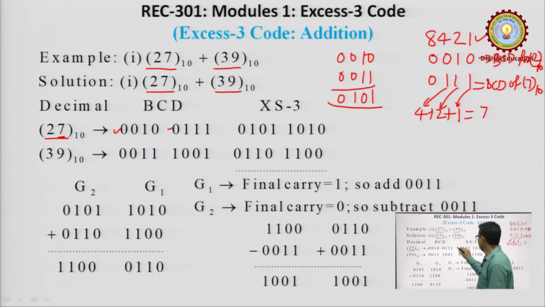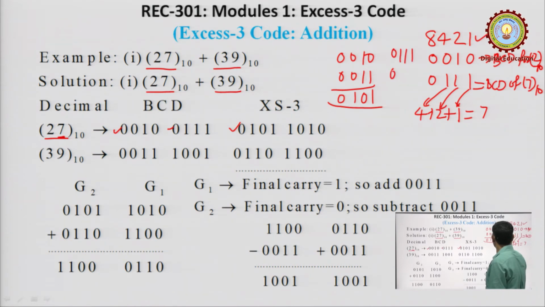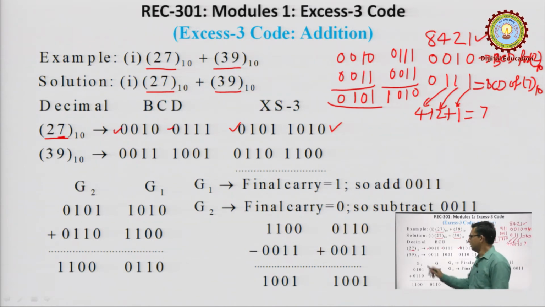That is why I write the XS3 code of 2. And if we add 0111 and 0011, we will get 0101, and this is the XS3 code for 7.